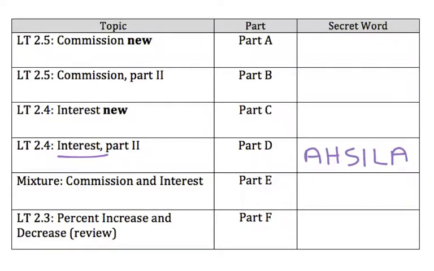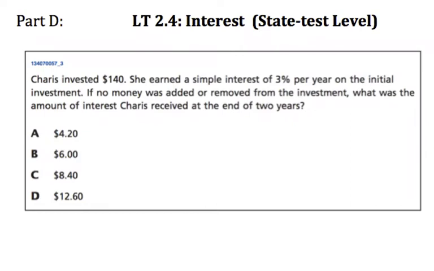Alright, so let's take a look at this. If you understood part C, then you're pretty much ready to see what a state test interest problem looks like. So this one says, Charisse invested $140. She earned a simple interest of 3% a year on the initial investment. So this is the amount that Charisse is putting in the bank.